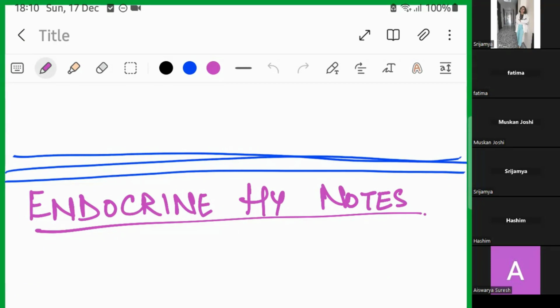In diabetes mellitus, you have insulin resistance that comes along. Although a good amount of insulin is produced, the receptors are desensitized to the levels that are produced.